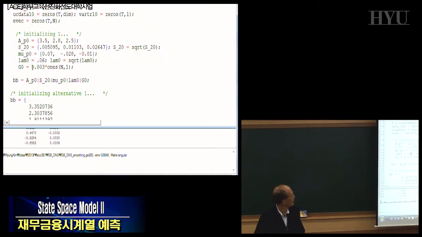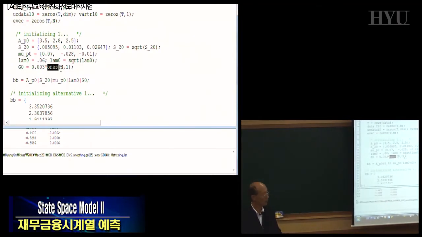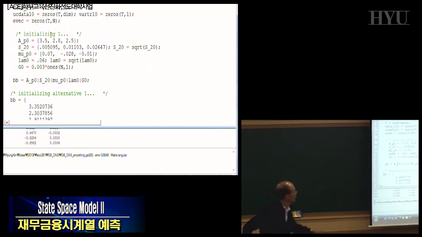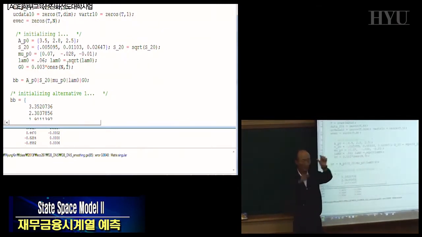And this one, for the 12 maturities, the function will return an n by 1 vector of ones, 12 by 1, multiplied by 0.03, some small number. Because all these numbers are vectors, I can stack them. So this is your initial guess.